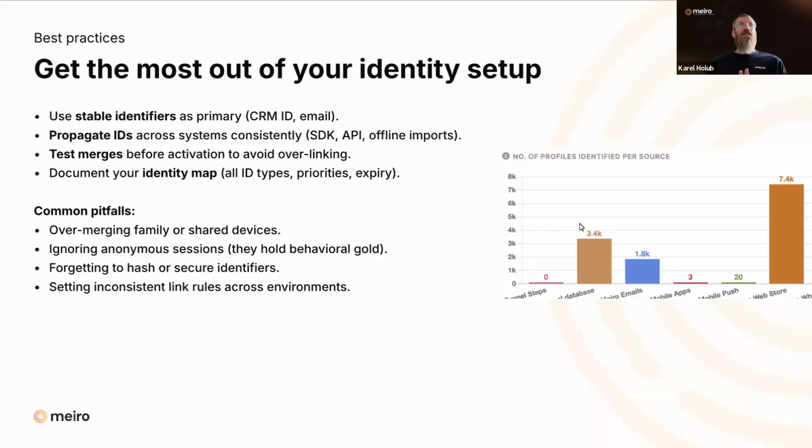How do we actually get the most of the identity setup? So, best practices on how to set up the identity in CDP. As we are mostly using the deterministic matching or deterministic model to identify the profiles, we use stable identifiers. So something that is highly reliable, that is showing, let's say, stability across multiple systems, such as customer IDs, email addresses, and so on.